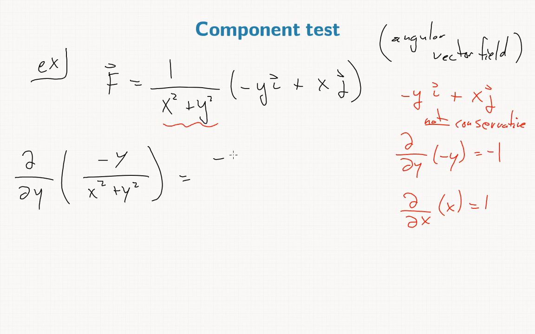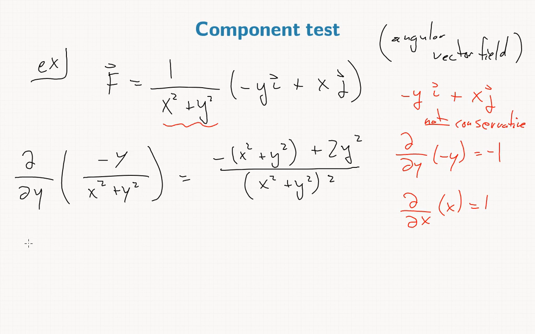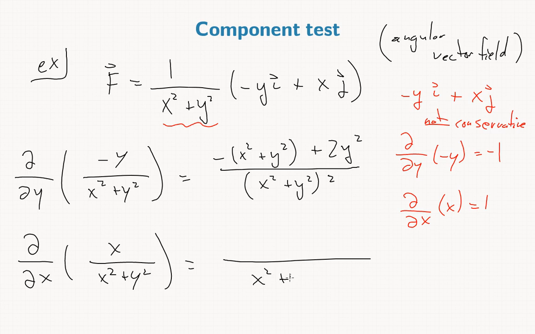So that's negative, x squared plus y squared times the derivative of the top, and then minus, so then plus, the derivative, so 2y squared. This is all over x squared plus y squared, squared. And del by del x of x over x squared plus y squared will again be something over x squared plus y squared, squared.